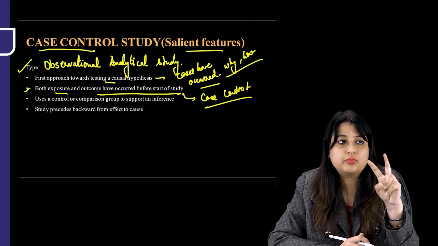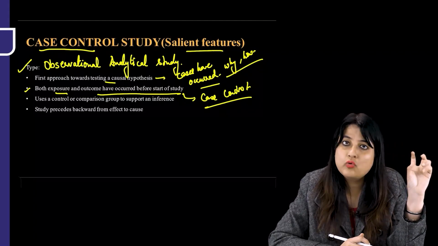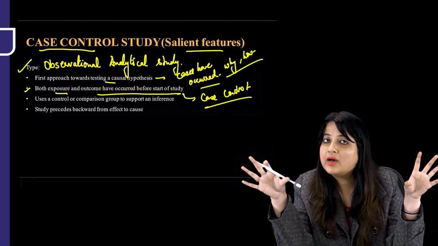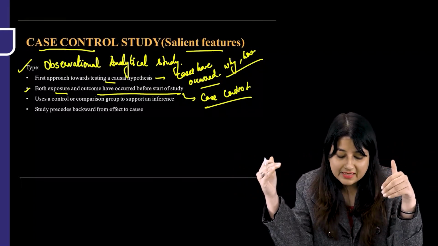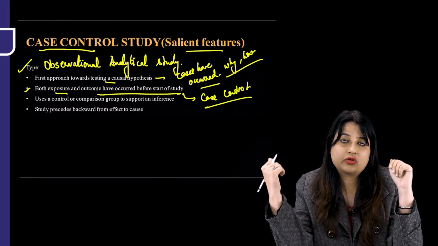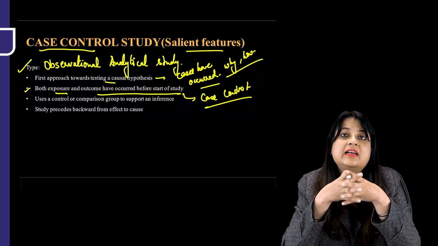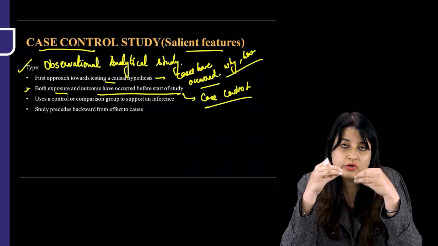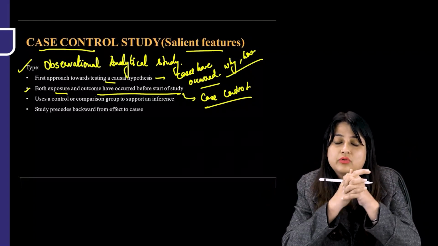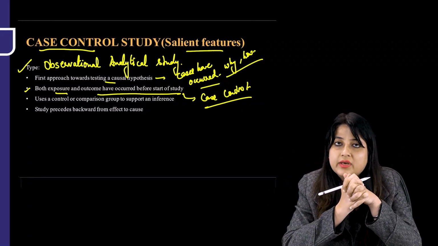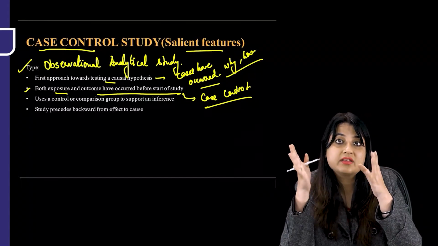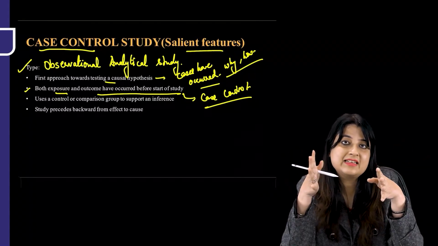Now, the name is case control. So you have two groups, one who are the cases, who are the diseased, and the other who are the controls. Controls means the non-diseased. They have not yet suffered from the disease. So you always need a comparison group. Like I told you in classification of study designs also, what is the difference between descriptive and analytical?